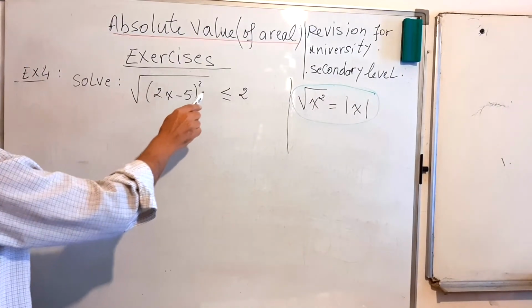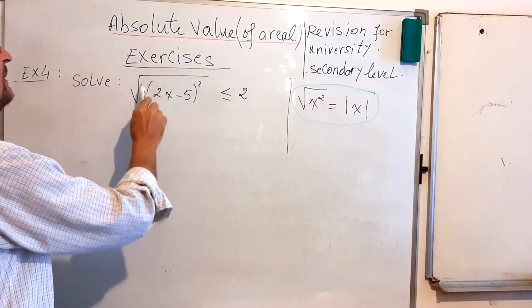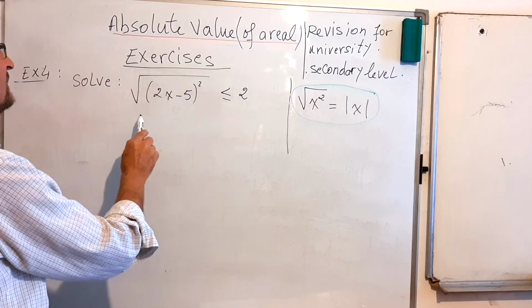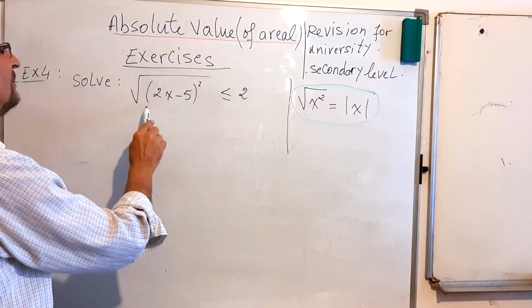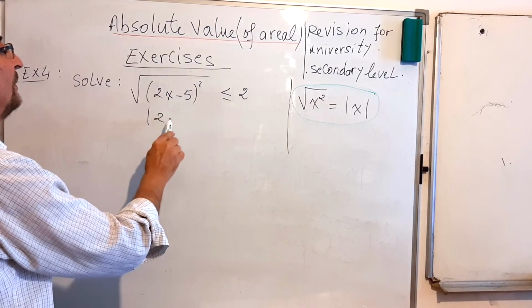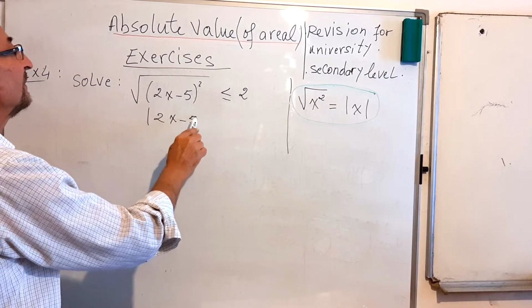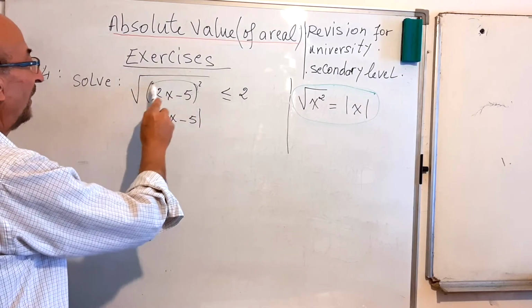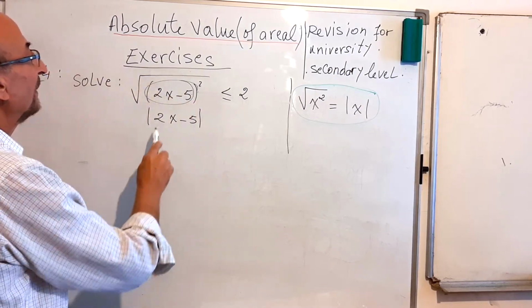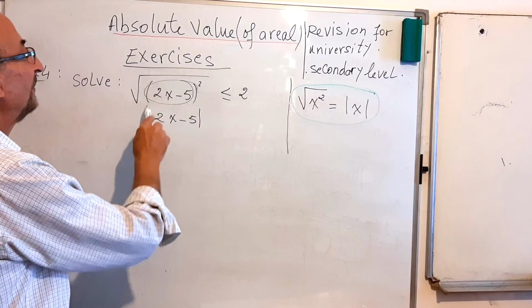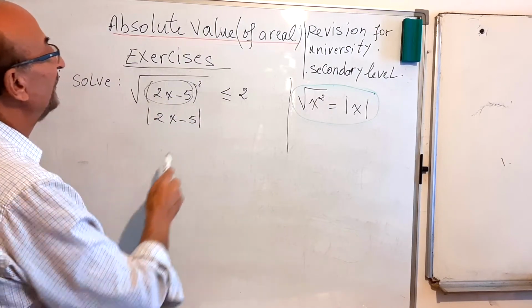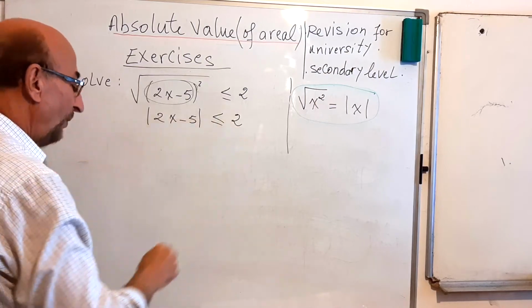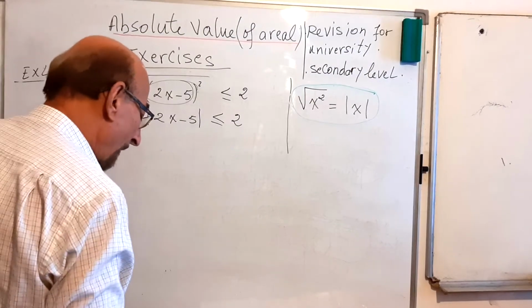For this inequality, the square root of (2x minus 5) squared is equal to the absolute value of 2x minus 5. The absolute value of 2x minus 5 is less than or equal to 2.